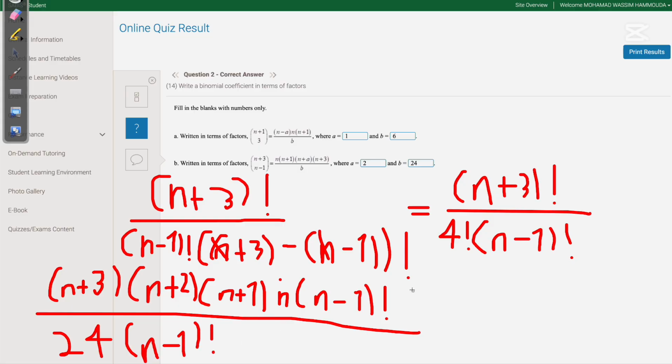You cancel (n-1) factorial up and down, and that will give us (n+3) times (n+2) times (n+1) times n over 24, which is what we're looking for.